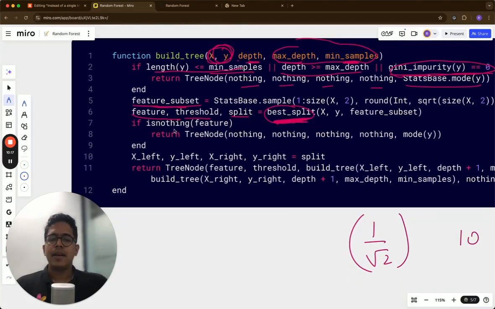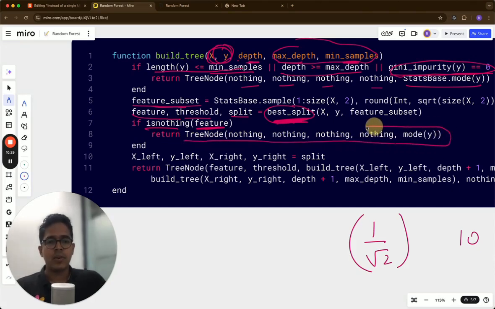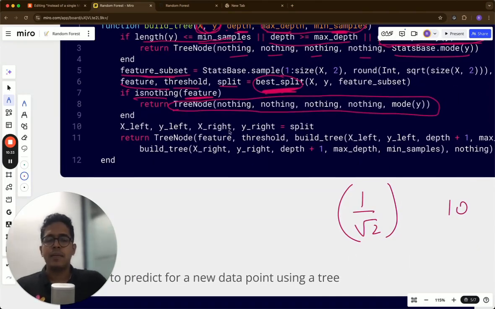And then if the value of this best feature is nothing, meaning there is no feature that can give you a best split, it again means that you are providing a leaf node. So you return this as a leaf node. That is this command. Otherwise, you say the x left, y left, x right, and y right is the current best split.